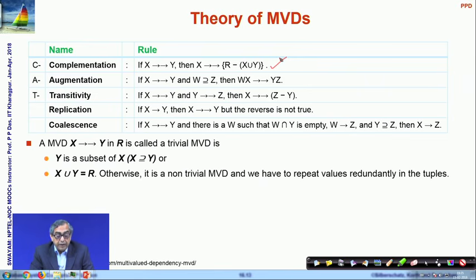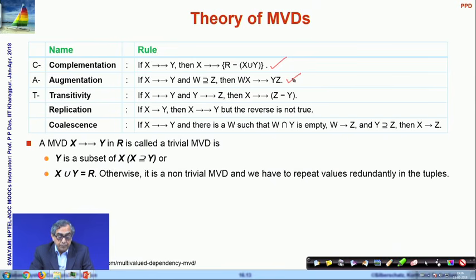Augmentation: I can augment any multi-valued dependency by putting attributes on the left and right hand side, as long as all attributes that I put on the right hand side, z, are a subset of the attributes that I put on the left hand side.